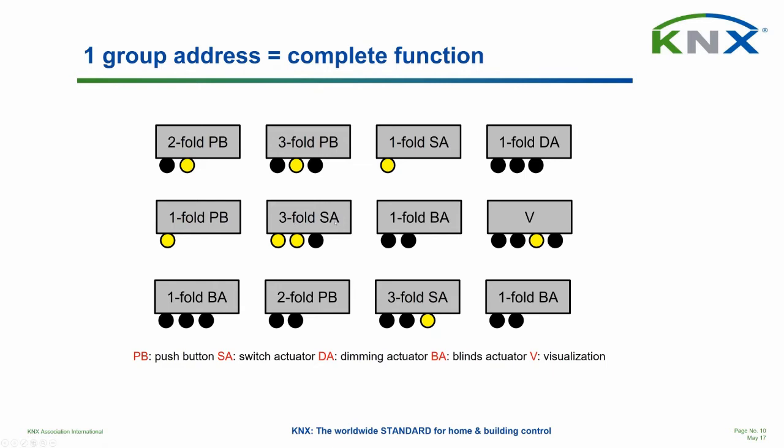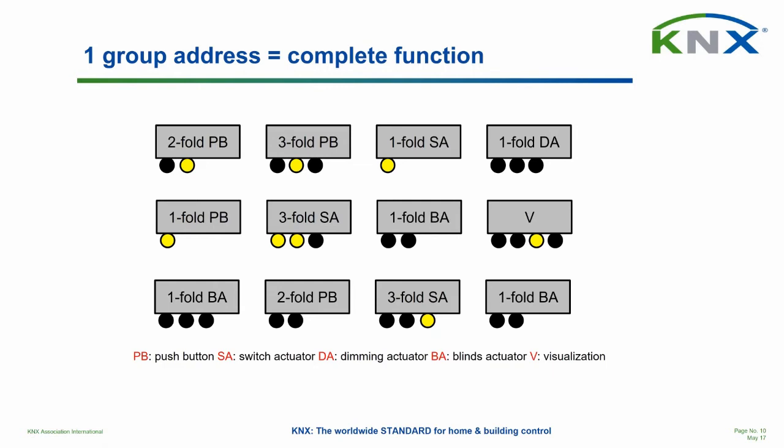And another switch actuator is also involved, but only 2 of the 3 objects. The visualization system is also involved, and here we see yet another switch actuator, 3-fold, where only one of the objects is involved. That is the function I have created.